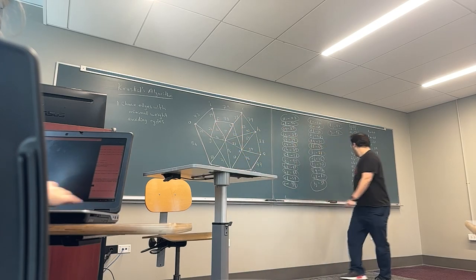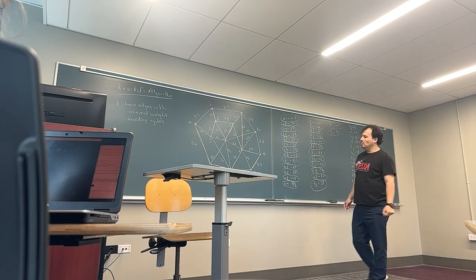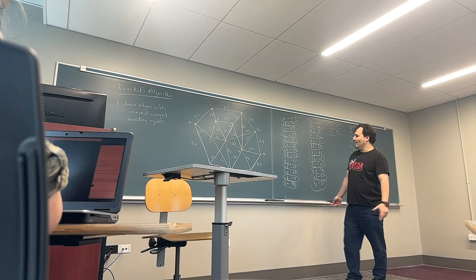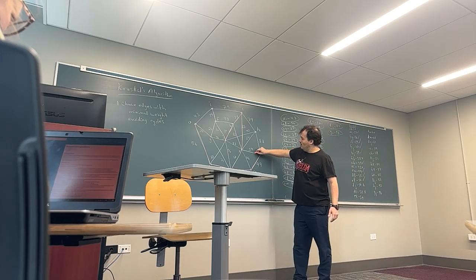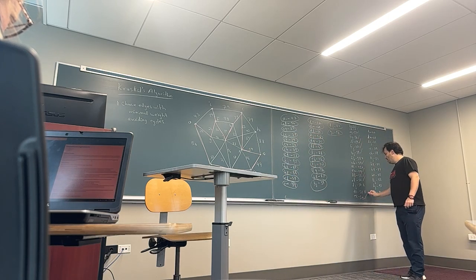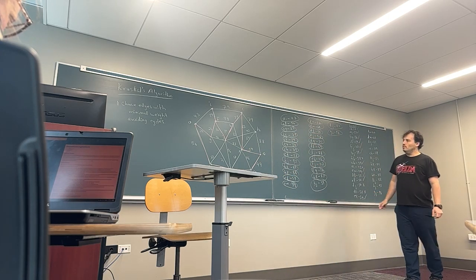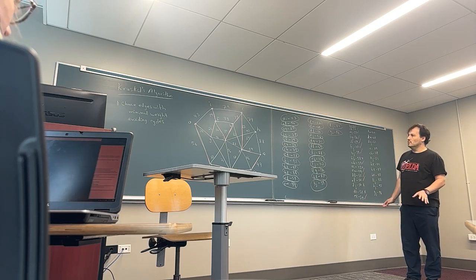So DK, EK, it doesn't. Okay. So far we've used most of the vertices, right? The only one we haven't used is H, I think.